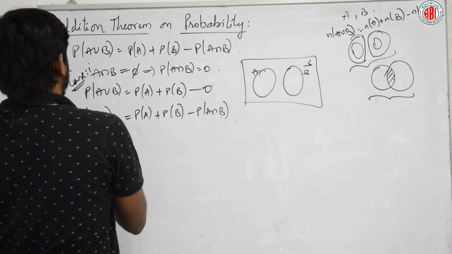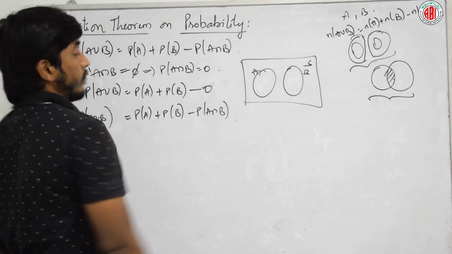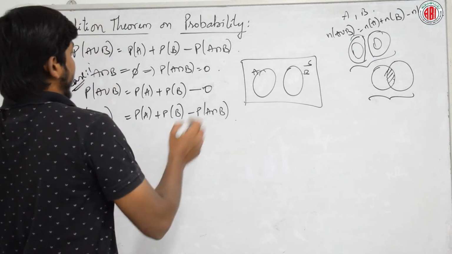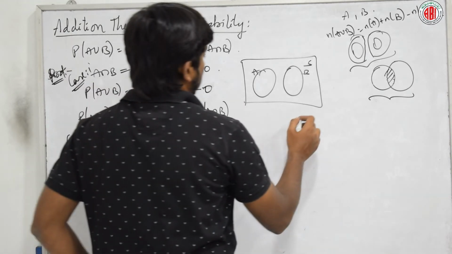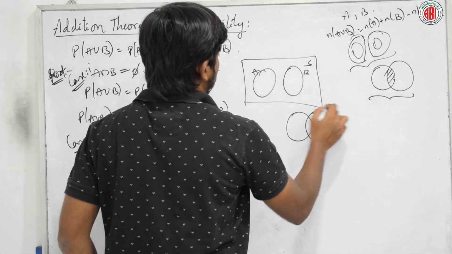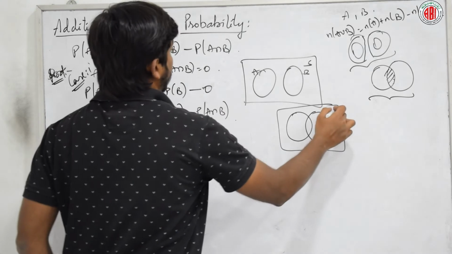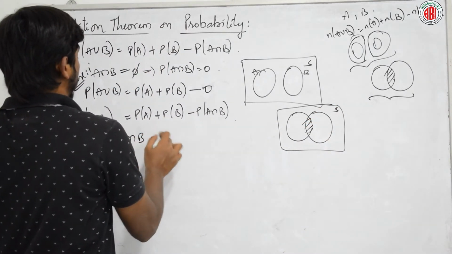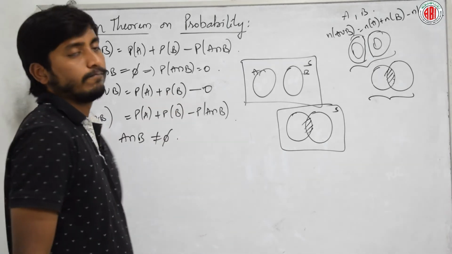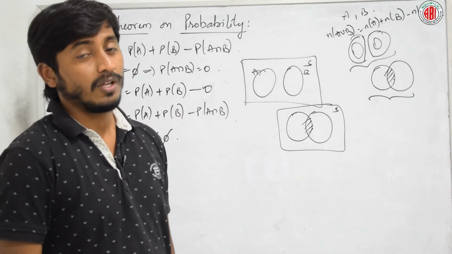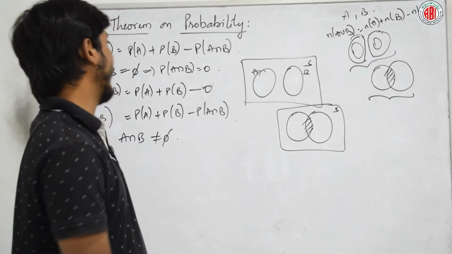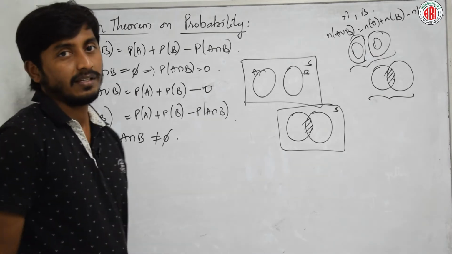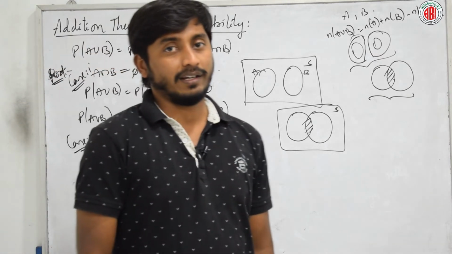Let us take case 2. In this case, A intersection B is not equal to the empty set. So there is some kind of common part. So what do we do? We will write P of A union B. Okay, how do we write? Tell me.